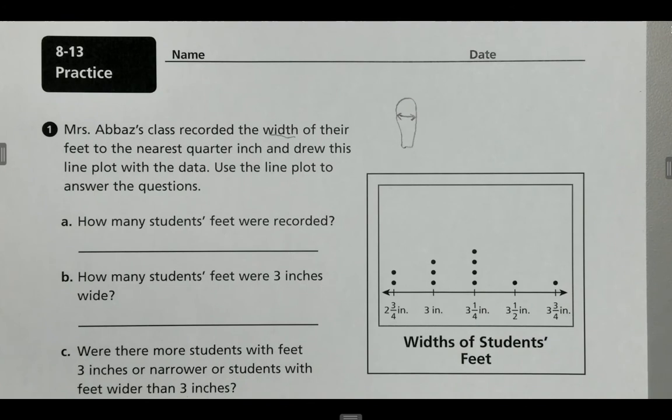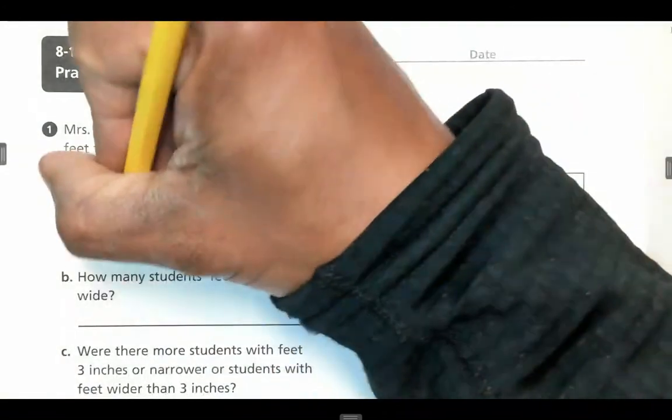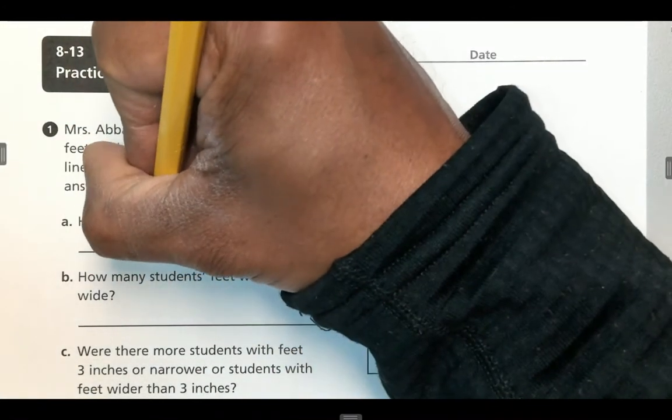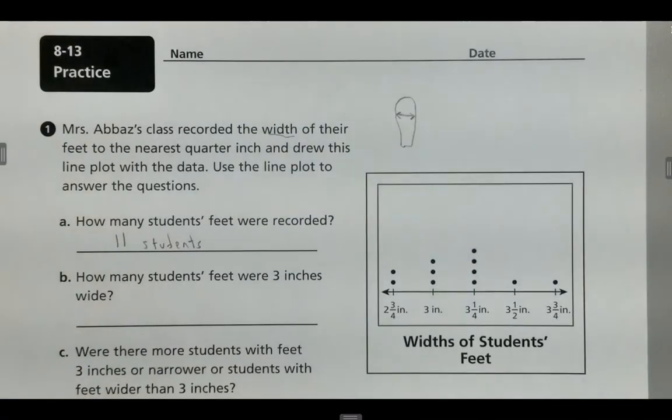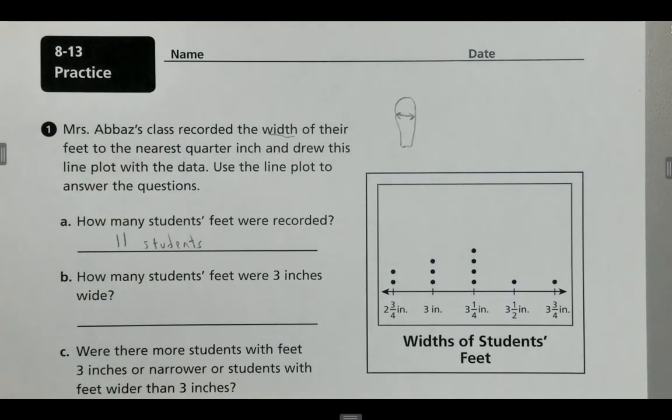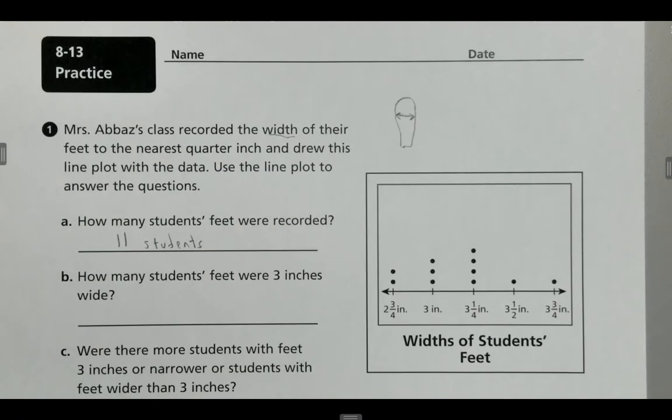Did you get 11? 1B, how many students' feet were 3 inches wide? Okay, go over here. There's 3 inches. Count up those dots.